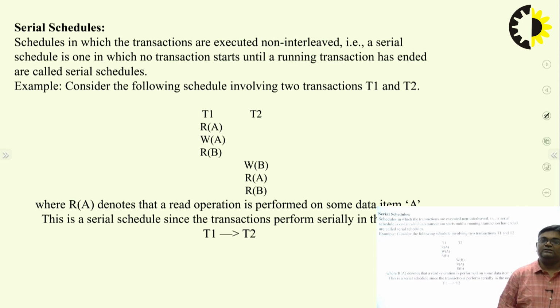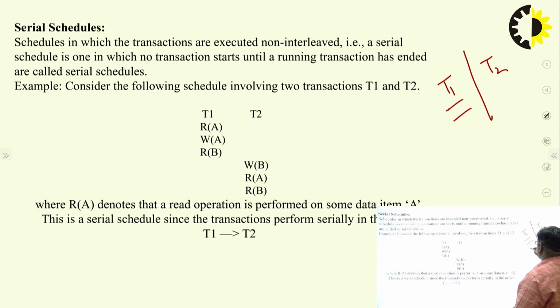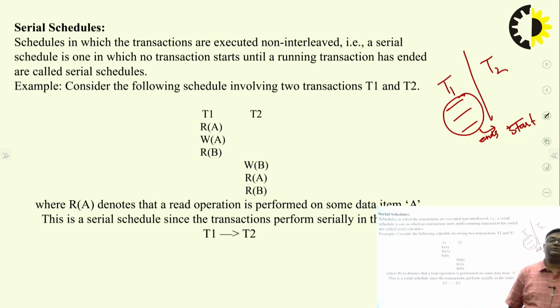Like we have two transactions, T1 and T2. If T1's instructions are going on, only after it has finished will T2 start. This type of schedule is called a serial schedule.